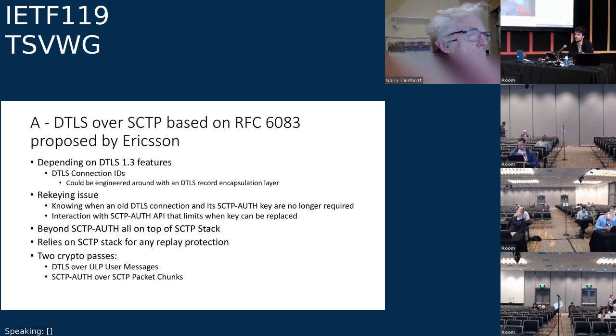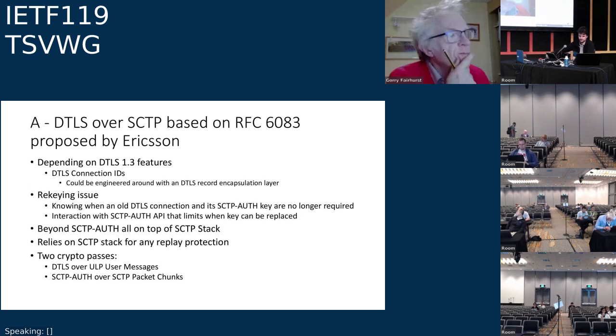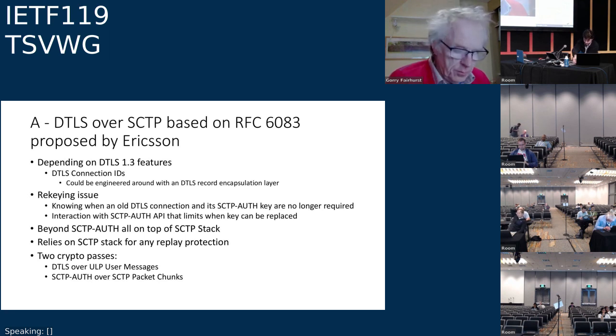Okay, good. So, more details regarding the differences, on proposal A. A depends on the TLS 1.3 features, and that includes the DTLS connection ID. But we have noted that we could do a fairly simple re-engineering of that to avoid the need for the DTLS connection ID. The biggest issue we've had here is around rekeying.